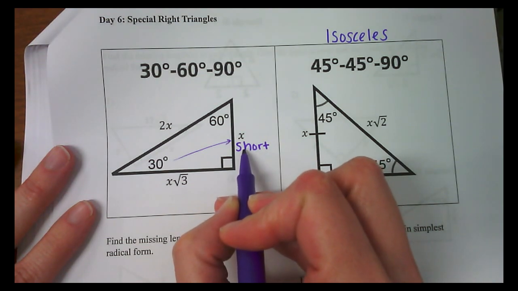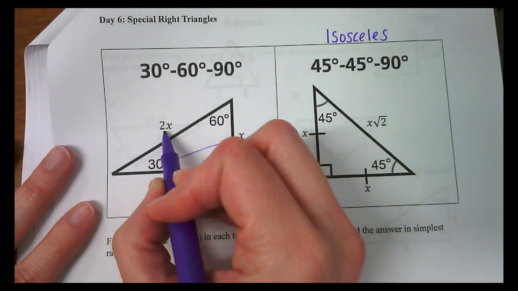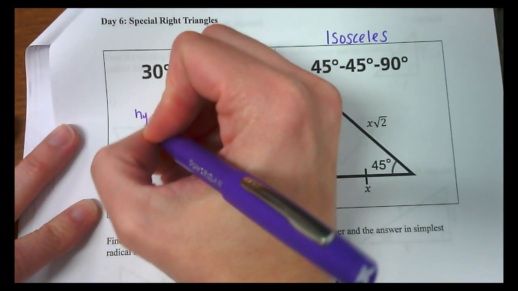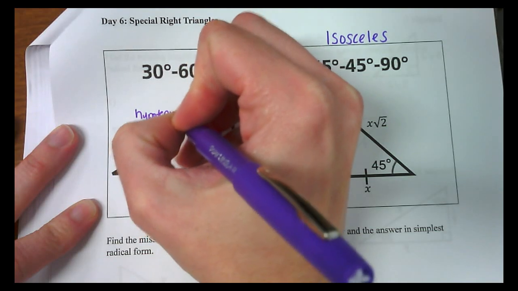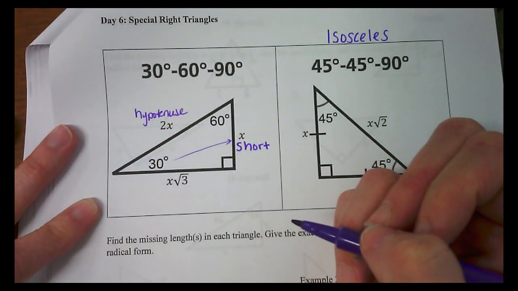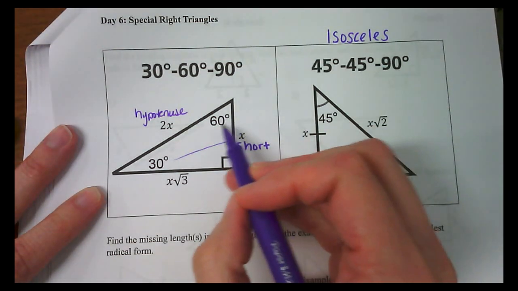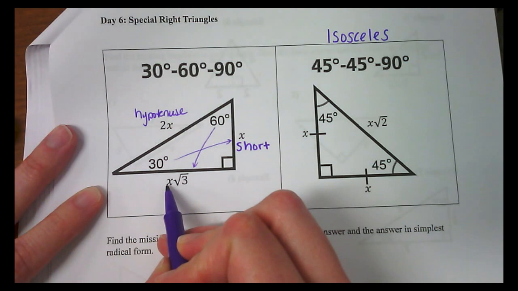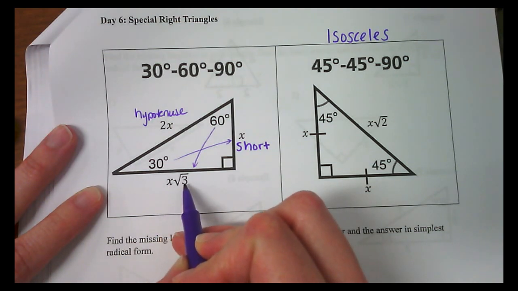Whatever the shortest side is, you double it, so times 2, to get the hypotenuse. Okay, remember we talked about hypotenuse is always across from the right angle. Whatever is across from the 60 is always the shortest times the square root of 3.